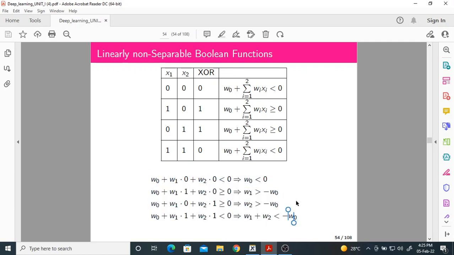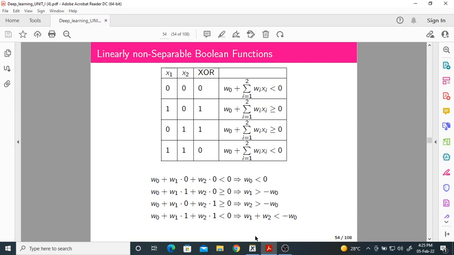So what is the problem here? From the first inequality, W0 should be less than 0. From the second inequality, W1 should be more than minus W0. From the third inequality, W2 should be more than minus W0.